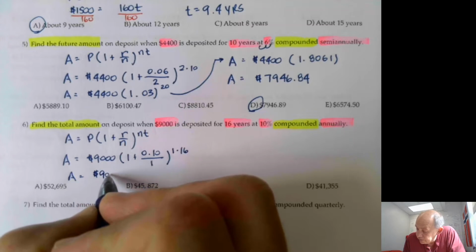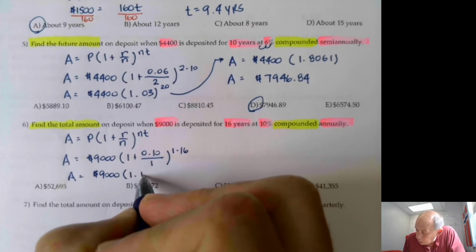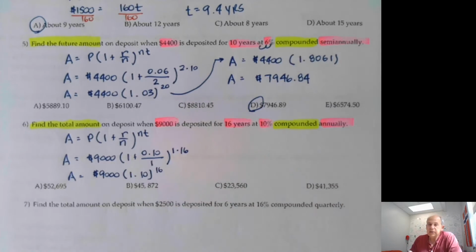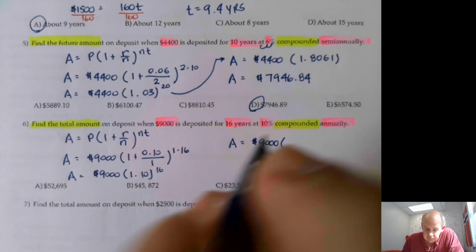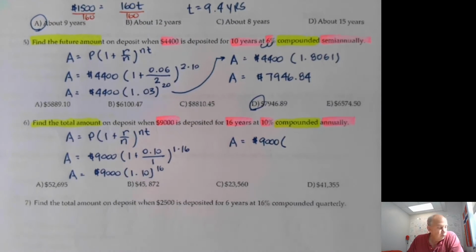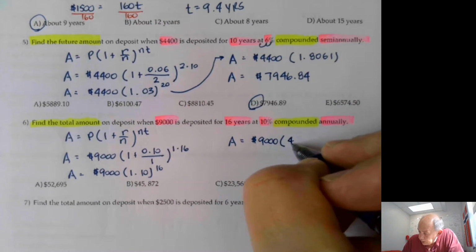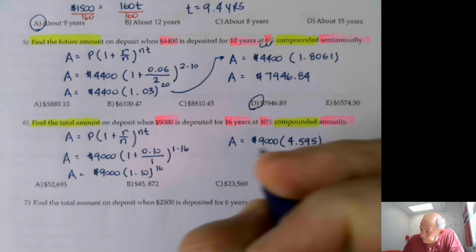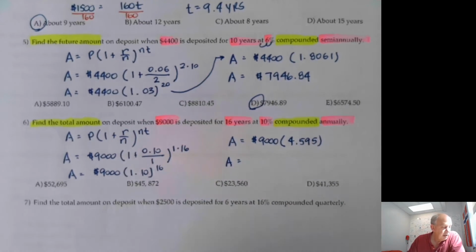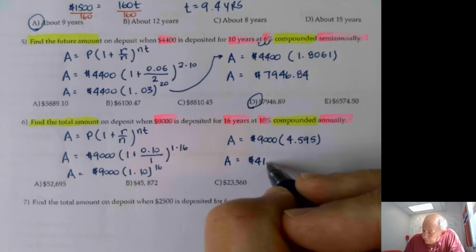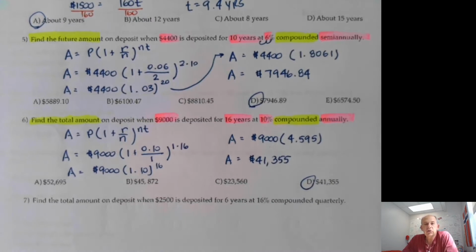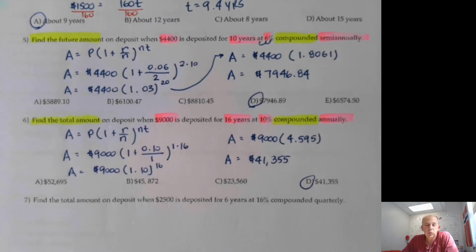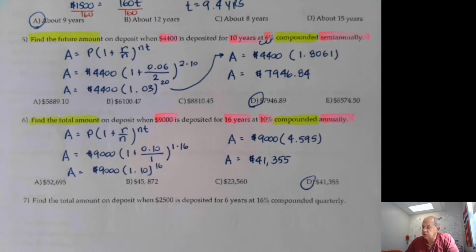So I have 9,000 times 1.10 raised to the 16th power, which is 4.595. My future amount is $41,355. My answer is choice D. So there's how you would do one like that, again, starting from start to finish.